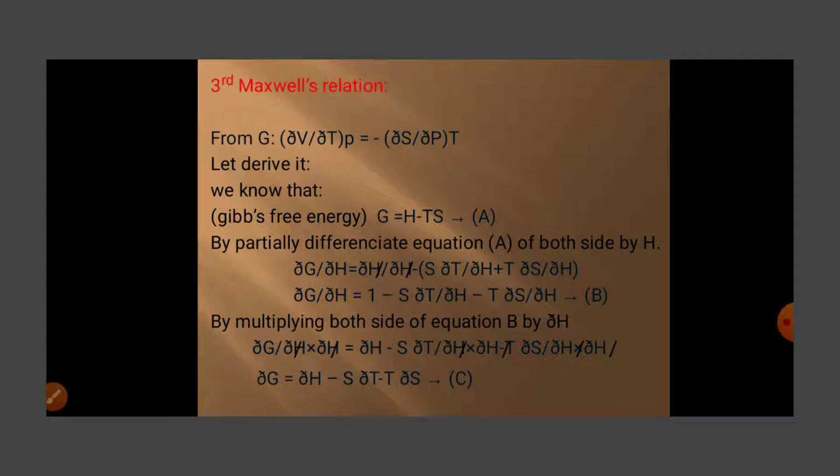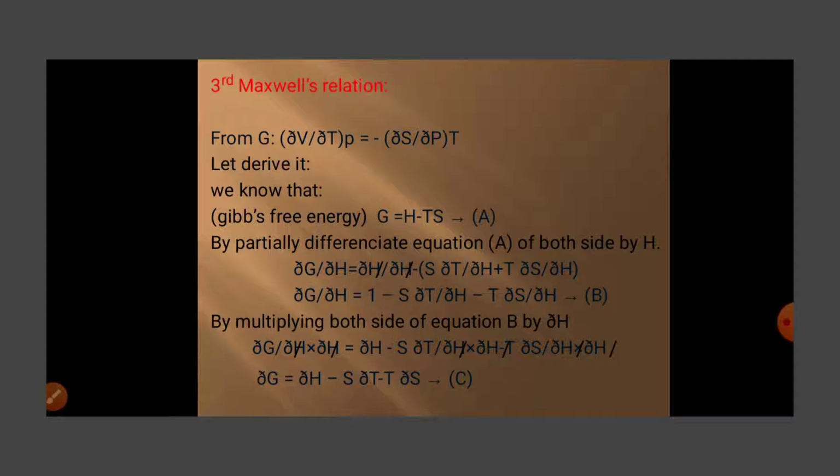After that, ∂H/∂H is cancelled and we have a 1, and we have a minus sign. That minus sign will be multiplied with the bracket value. So 1 minus S ∂T/∂H minus T ∂S/∂H.